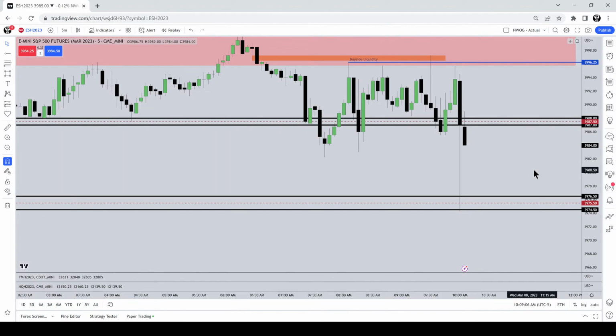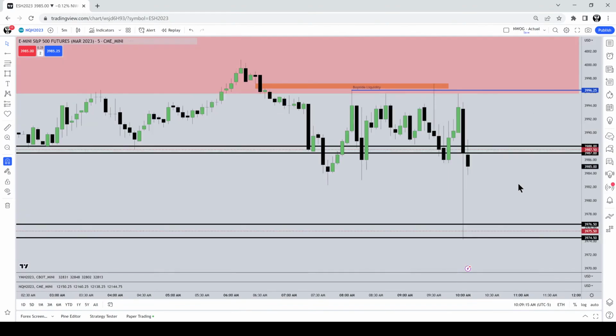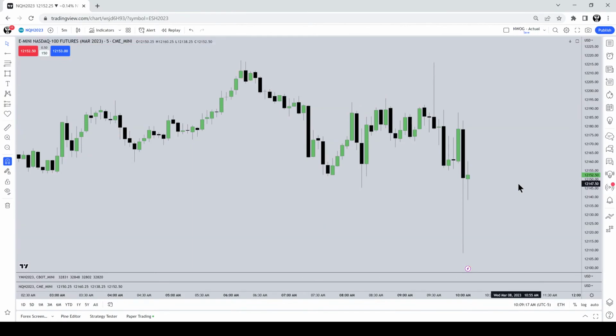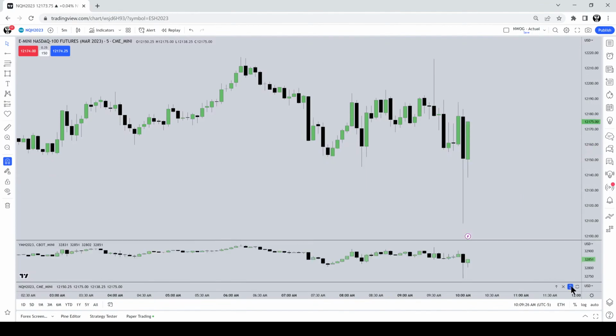So, at any rate, let's take a look at NASDAQ real quick. Pretty much the same delivery, but that's not a gap. These are my SMT studies. I'm just showing the NASDAQ and the Dow while I'm looking at ES.